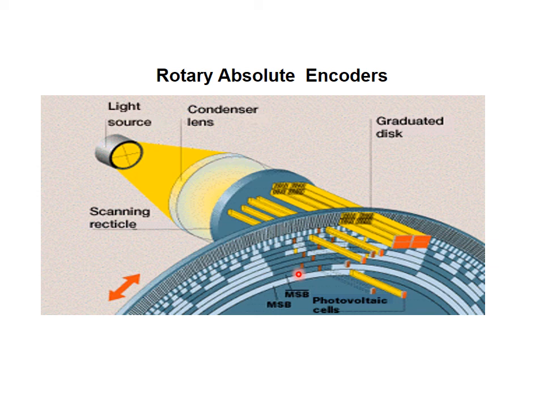As you can see in the incremental encoder, the number of perforations is less. Here, each position along the disk will have a unique identity. If you take a cutting here, a unique identity will be there. Otherwise, all the other elements look similar to the incremental encoder. It has a light source, a condensing lens, a graduating disk, and a photovoltaic cell. Whatever light falls through this will be collected using a photovoltaic cell. This is the construction of an absolute encoder.